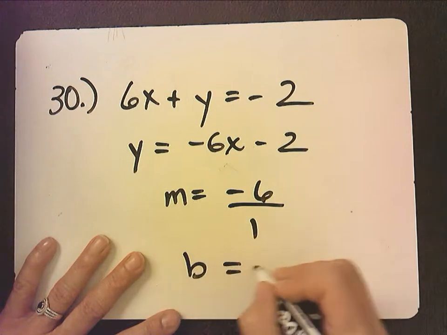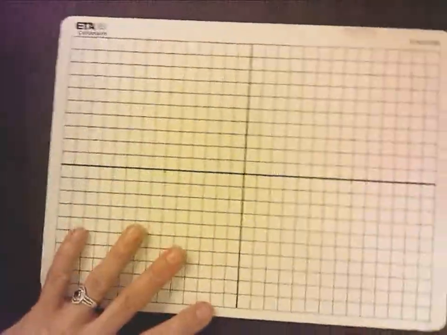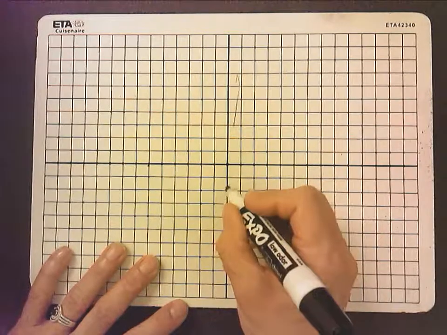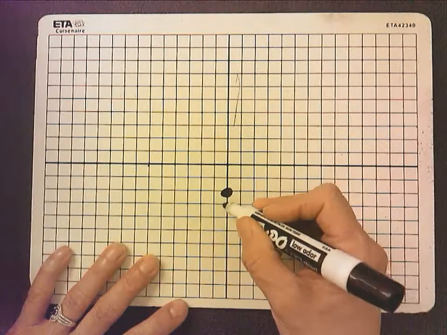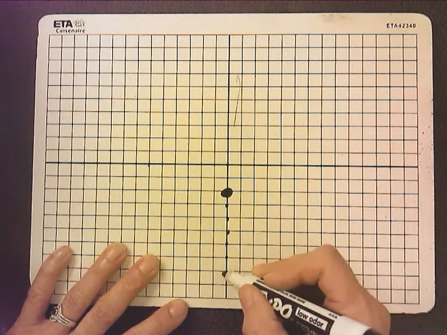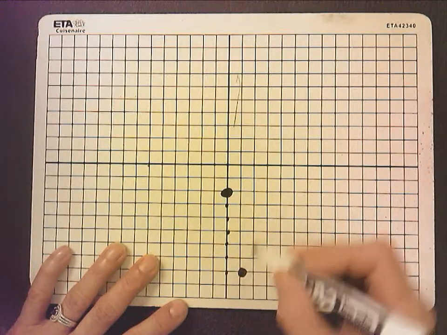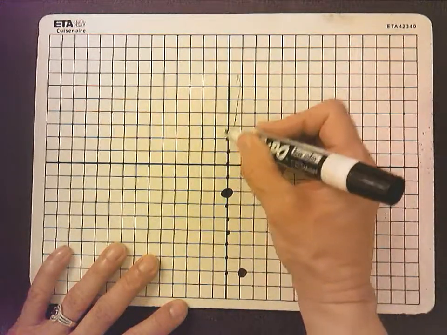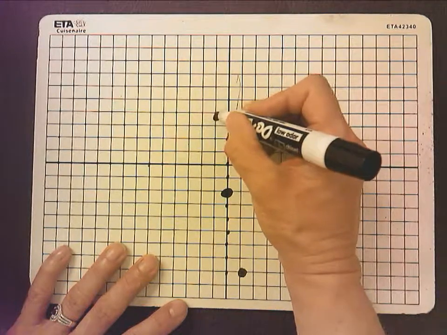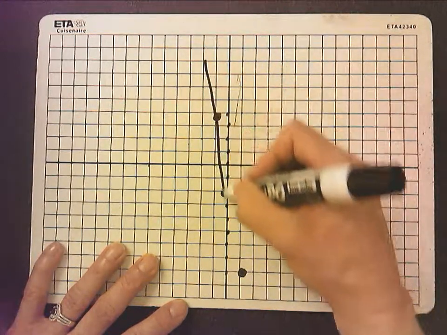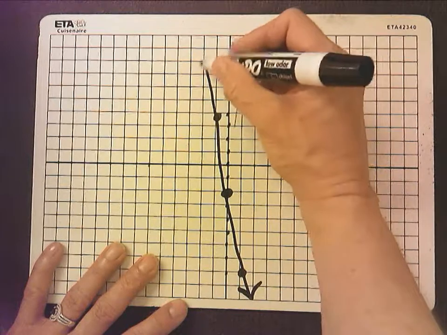My y-intercept, negative 2. So I turn it over. I go to negative 2. I go down 1, 2, 3, 4, 5, 6, and over 1, and up 1, 2, 3, 4, 5, 6, and over 1. And this is what my line looks like.